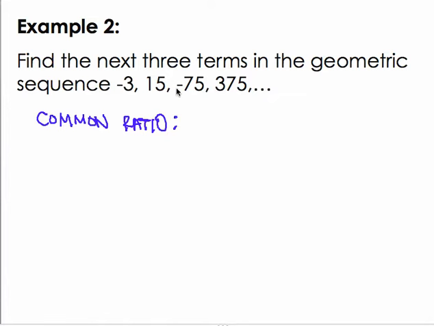So basically what you do is, to find the common ratio, you start with really the second term, and you make a ratio using the second term and the term before it, the first term. So 15 divided by -3 is going to give us positive 5.